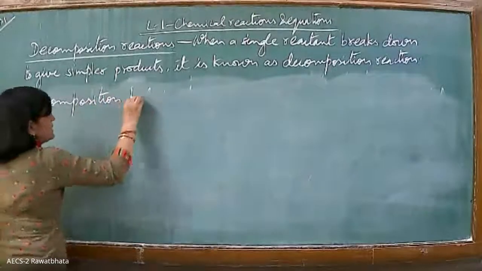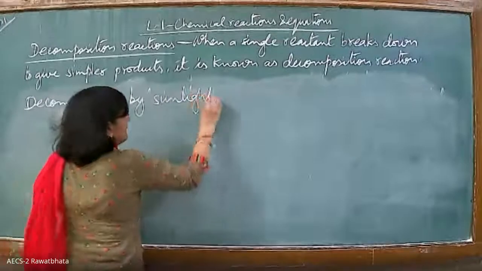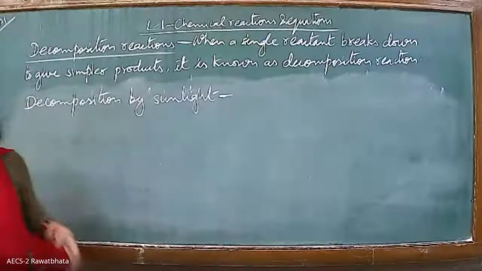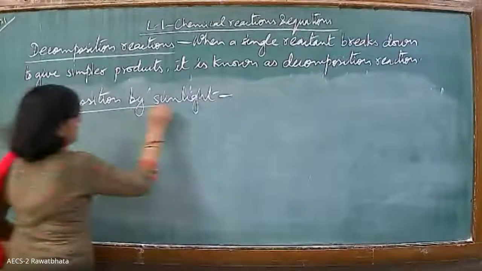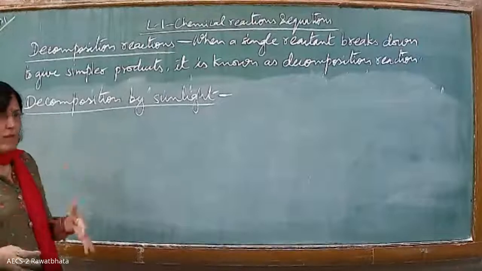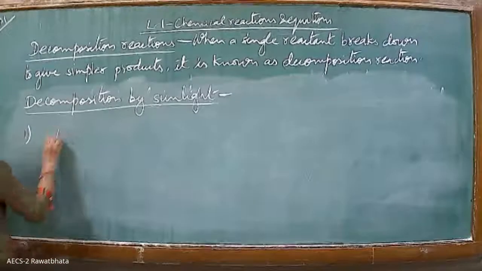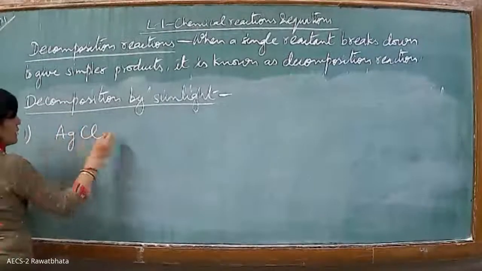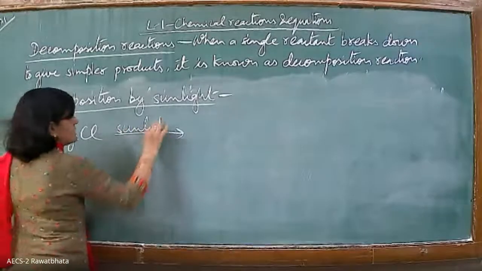Decomposition by sunlight. Its reactions and its processes both are very simple. For example, we are talking about either silver chloride or silver bromide. We are supposed to write down, for example, first reaction you are writing it as silver chloride, and on the arrow mark we write down sunlight.